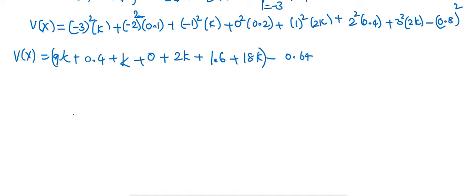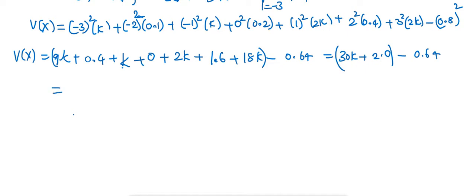From this we can write 9k plus k is 10k, 10k plus 2k is 12k, 12k plus 18k is 30k, plus 0.4 plus 1.6, which is 2.0, minus 0.64.